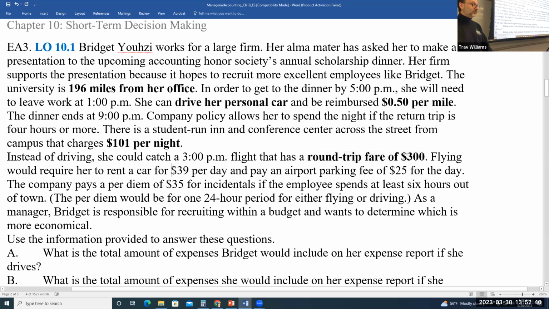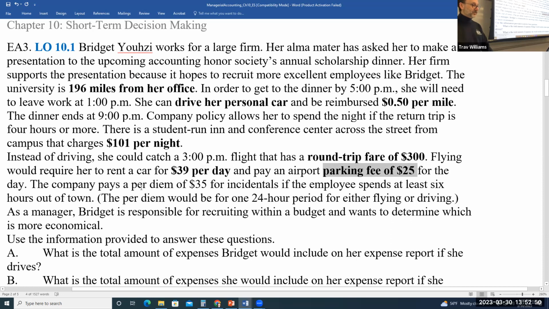She will need a rental car, $39 per day. She'll have to pay parking, $25 per day. She also gets a per diem of $35. And it says it's going to be the same per diem whether she flies or drives. Okay, so which is going to be more economical?